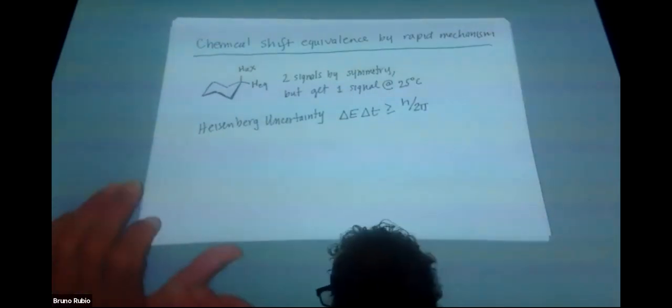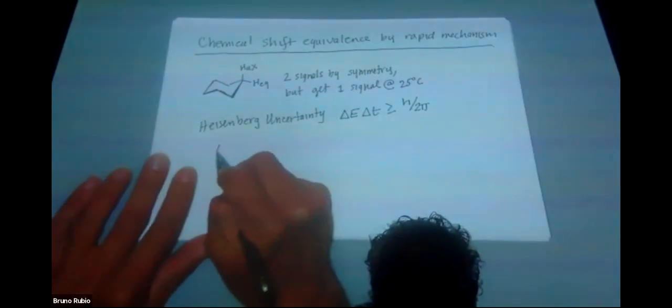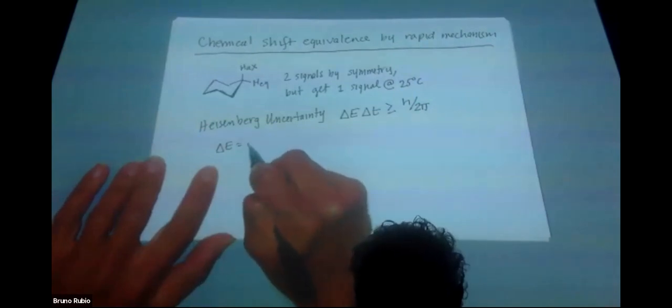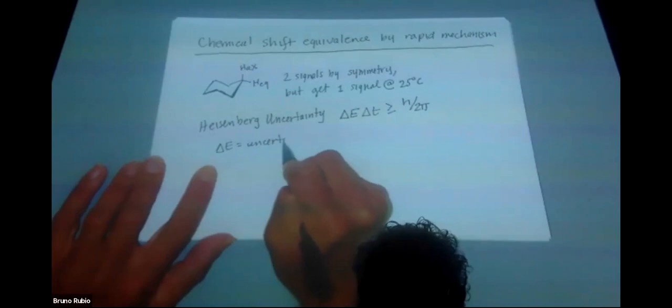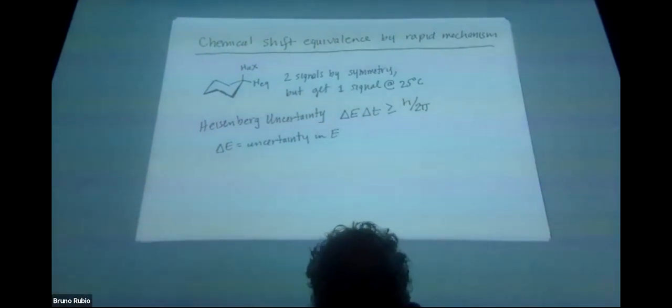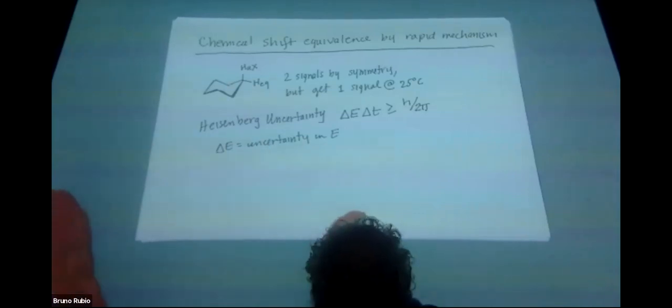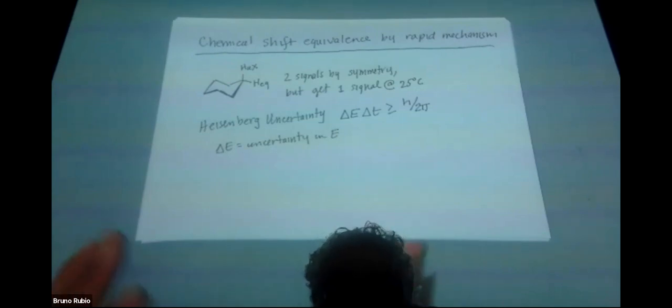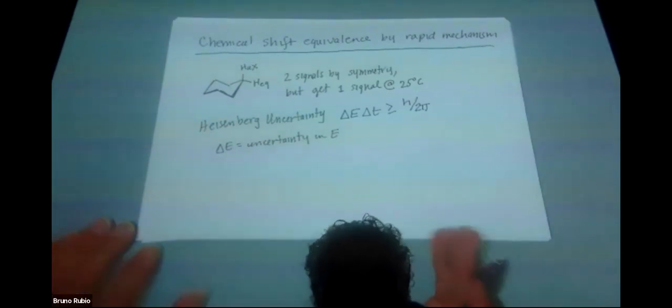Okay, so now what does this equation mean? Delta E, that is the uncertainty in the energy. All right, and so that means the ability to measure energy with precision, right? You measure the energy of something, you want to get the same number every time, but ordinarily you don't get the same number every time whenever you measure anything, so that when energy is measured, there's a certain uncertainty, a certain spread of values associated with that.